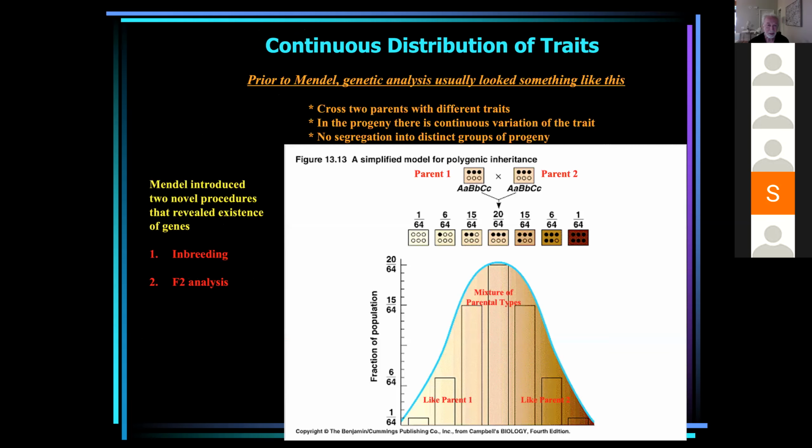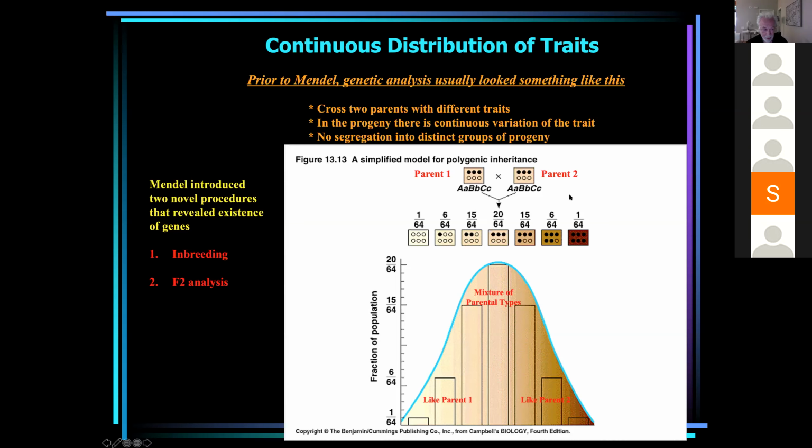Now, prior to Mendel, what was the nature of genetic analysis? Well, genetic analysis has really been done throughout agriculture for approximately 13,000 years. And when humans specifically took organisms like plants and crossed them with each other, they would get something like what you see here. Cross two parents with different traits. In the progeny, there is a continuous variation of the trait. In other words, no segregation into distinct groups.